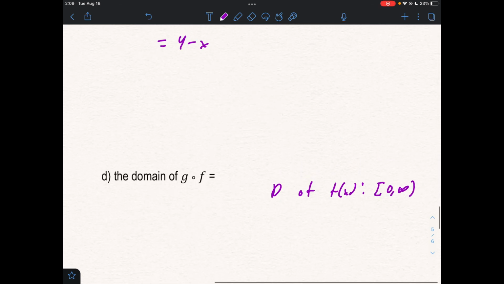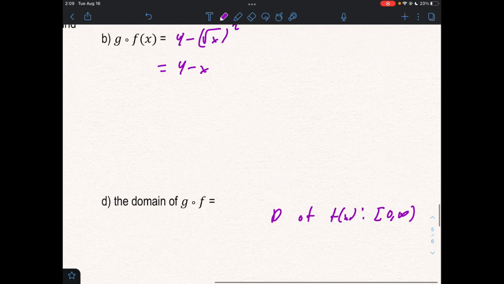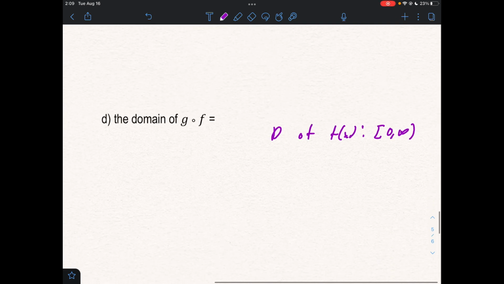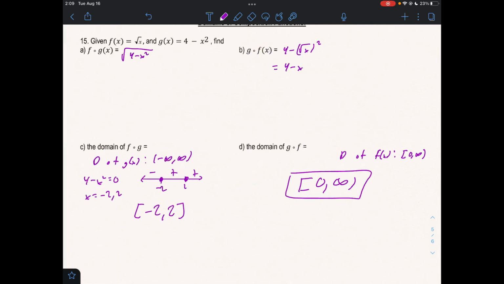So the domain of 4 minus x can't be negative infinity to infinity, because the inside function we're already only putting in 0 to infinity. So there are no more restrictions on 4 minus x, which means our answer is 0 to infinity. Since there's no other restrictions added once we put f into g, we just take the domain of f for our final answer.